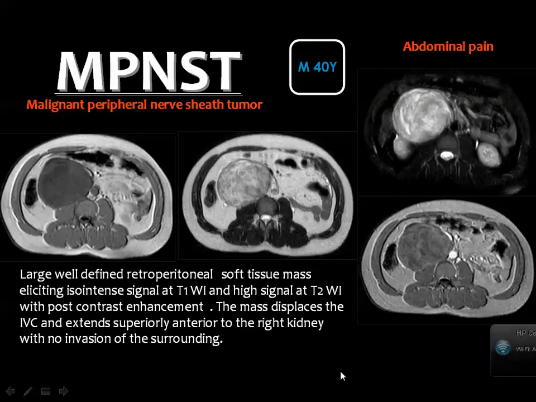This is a retroperitoneal mass, low signal in the T1, high signal in the T2, and high signal in the STIR with some contrast enhancement.